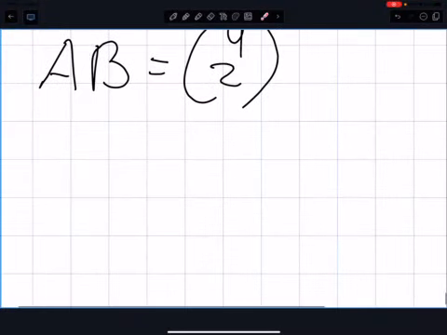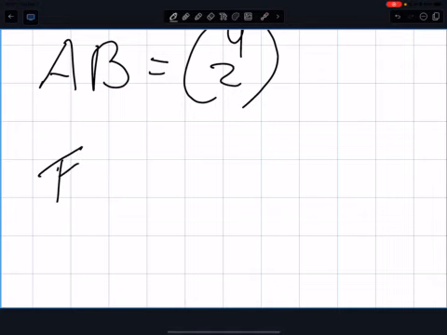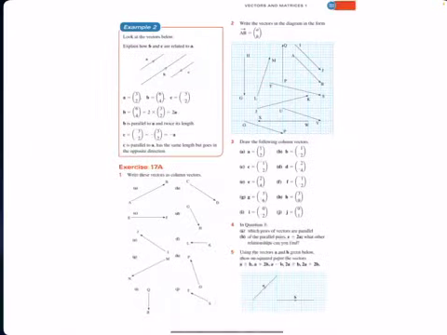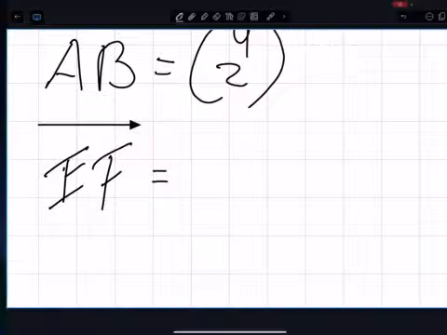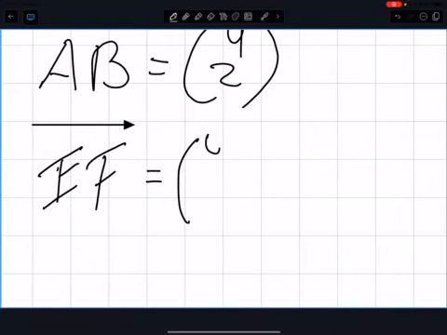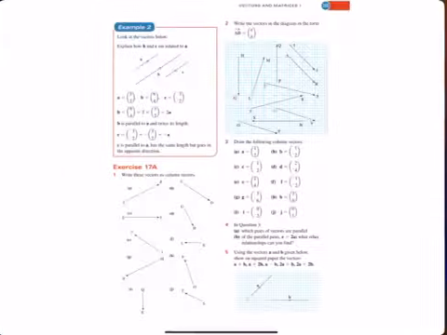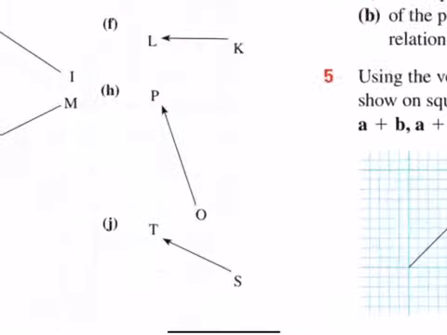The vector of EF equals 4, 0. 4 in the X and then 0 in the Y. It doesn't go anywhere.